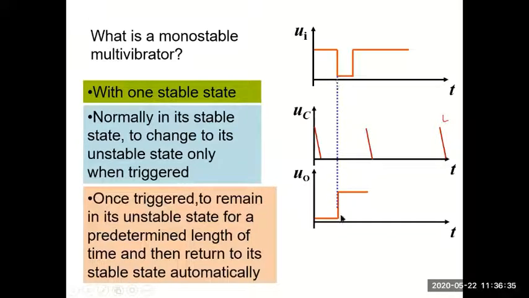And if I want to make this change to one state, it needs a negative going pulse with value of voltage coming less than VCC by 3. Only when the voltage of this pulse becomes less than VCC by 3, the output goes from stable state, that is 0 state, to the 1 state. Okay, and it will remain in that state.